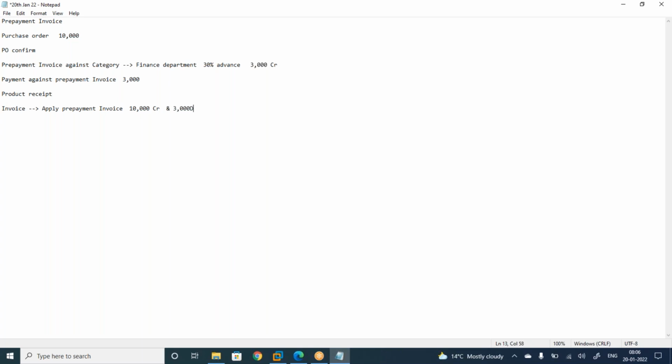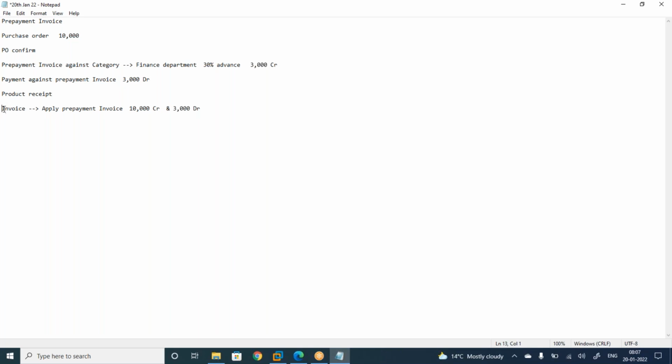Understood? Any confusion here? At the time of the prepayment invoice, you are already generating a 3,000 credit. It is a temporary invoice, but business people usually use the word prepayment invoice. Then against that prepayment invoice, you do the payment, debit.